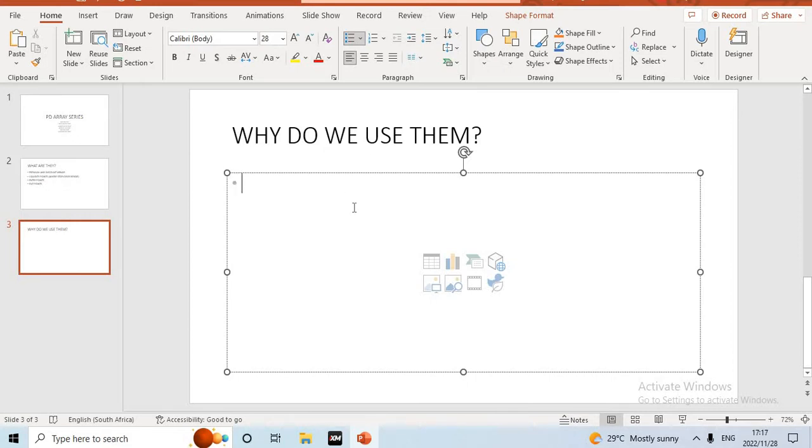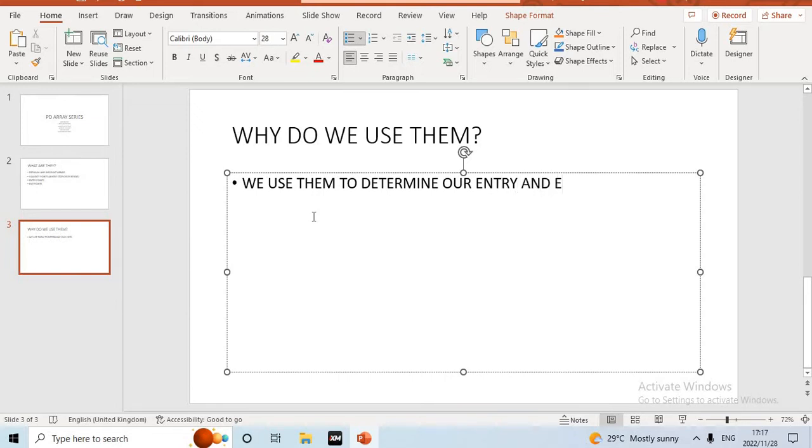So why do we use them? We use them to determine our entry and exit points, plus where stop losses are. The why is very simple because it's literally tied up to what are they, right?